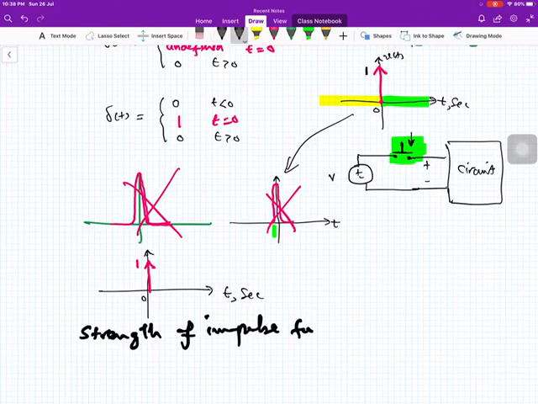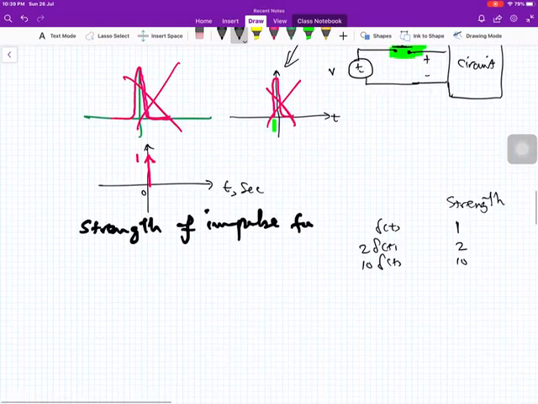If it is simply delta t, its strength is 1. If it is say 2 delta t, its strength is 2. If it is 10, its strength is 10.